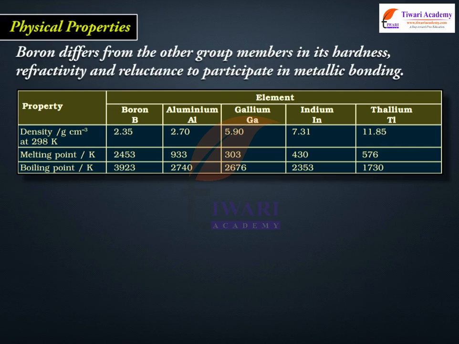Amorphous boron and aluminium metal on heating in air form B2O3 and Al2O3 respectively. With dinitrogen at high temperature, they form nitrides. For example, 2B solid plus N2 gas give 2BN solid. Thallium favors the formation of the monoxide over the trioxide.